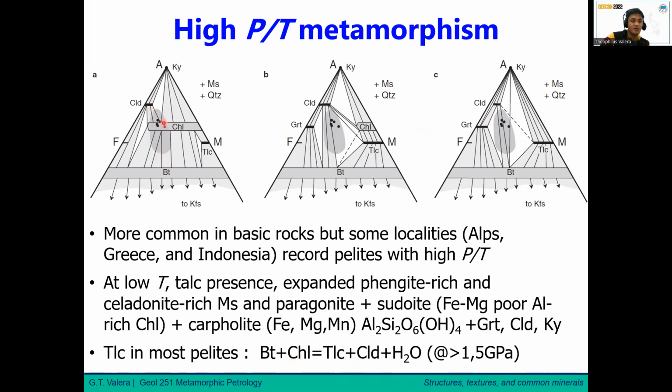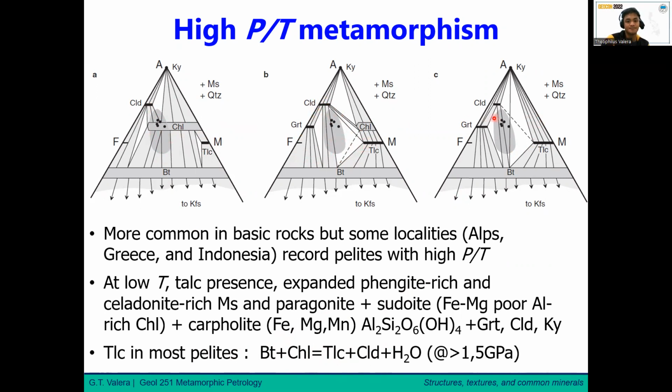I won't go through it one by one again, but I guess you can see how talc is introduced. Theoretically talc is stable here, but the triangle changes shape until eventually chlorite is gone, and instead we have biotite, talc, chloritoid.